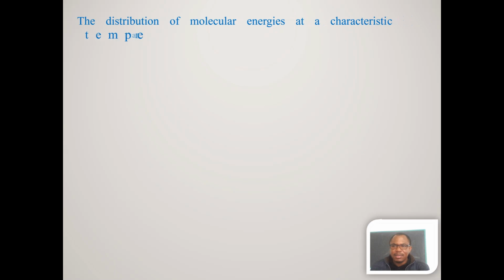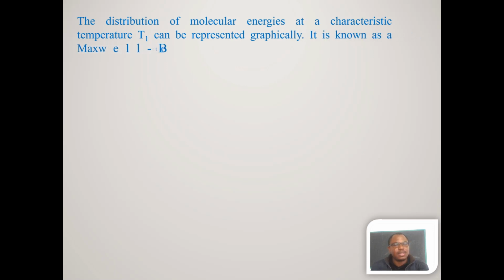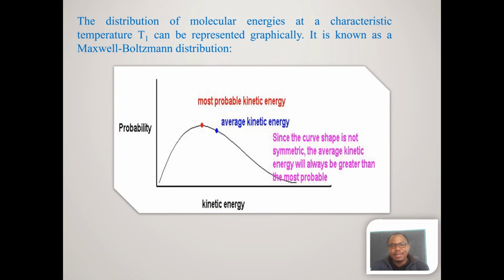The distribution of molecular energies at a characteristic temperature can be represented graphically. This is known as the Maxwell-Boltzmann distribution, whereby you can see the probability and kinetic energy, the most probable kinetic energy and the average kinetic energy.